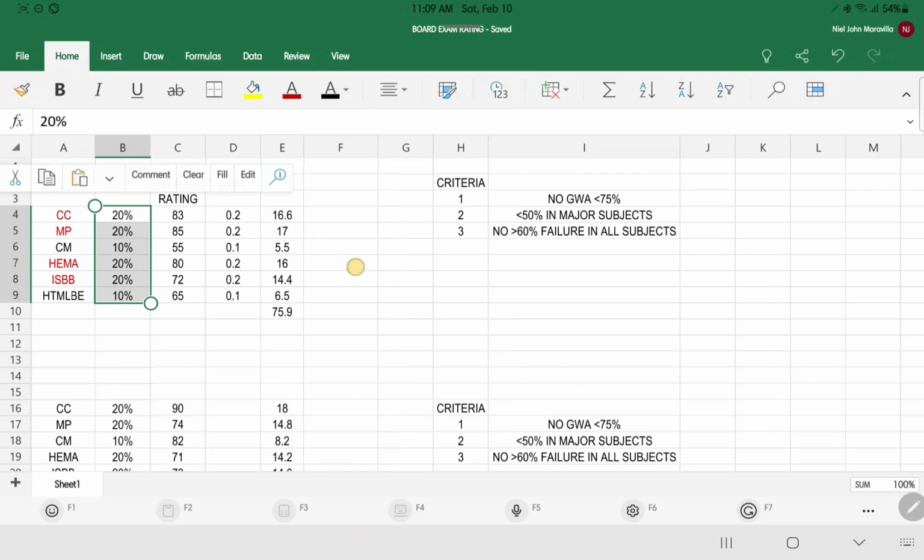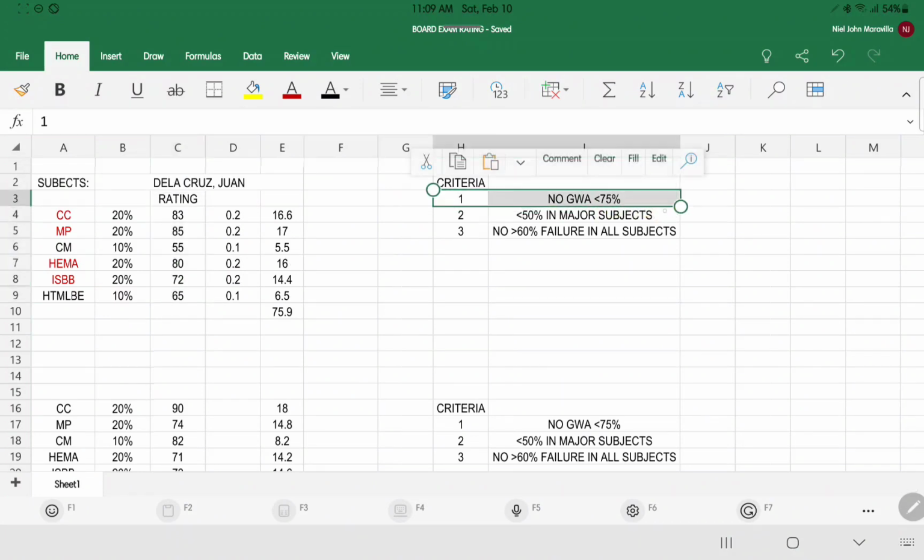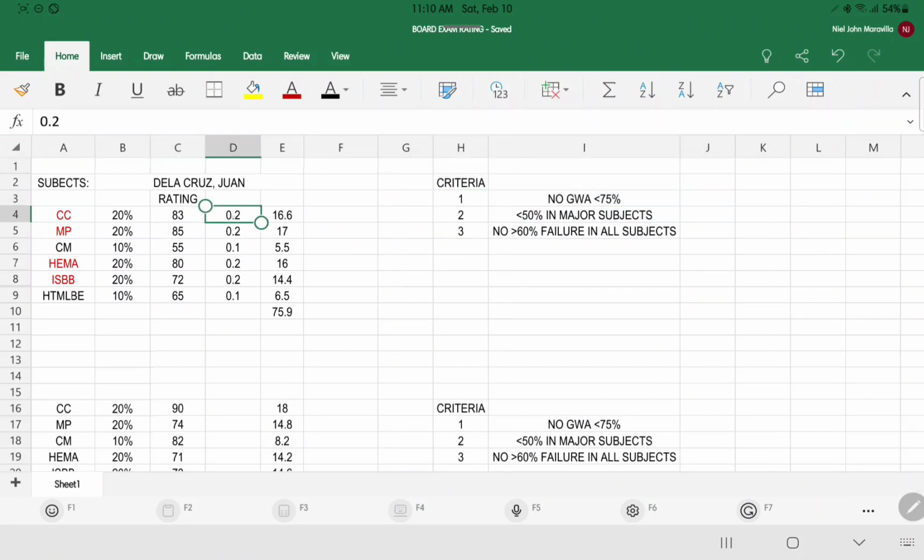Juan's ratings are 83, 85, 55, 80, 70, and 65. Let's first check criteria number 1. To get the GWA, multiply each rating by its subject weight.